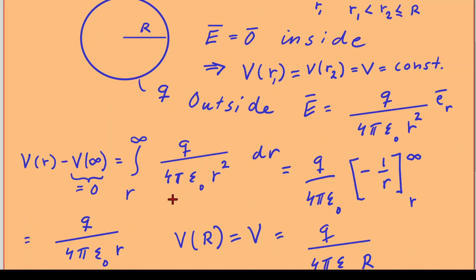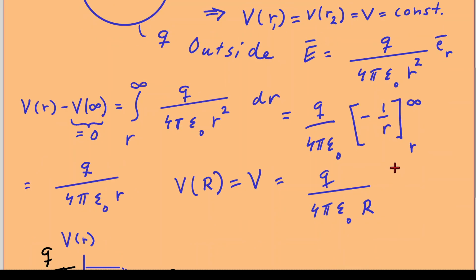We can break that out from the integral. And then you have 1 over r squared. The primitive function is negative 1 over r. And then the limits. So you put in infinity here, that's 0. And then minus, and then you put in r. So that's plus 1 over r. So you get this. This is the potential energy. I mean the electric potential.